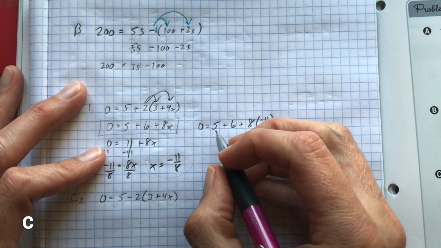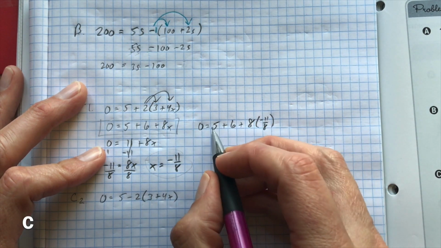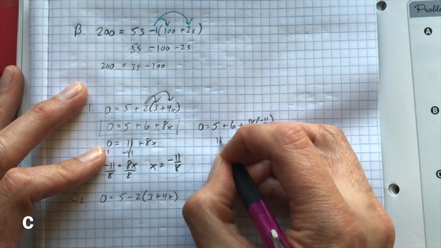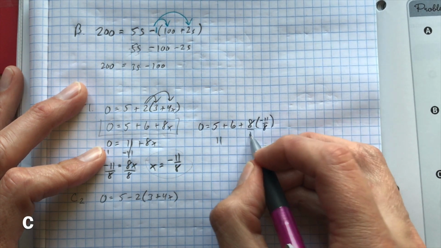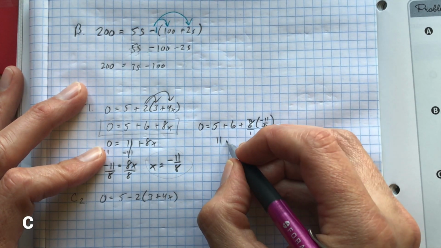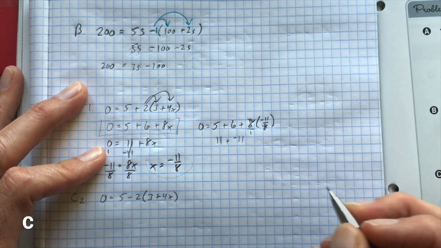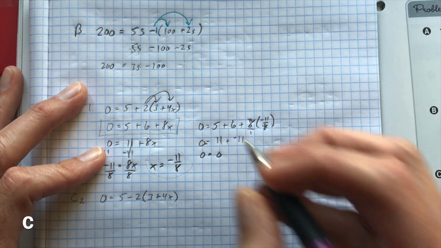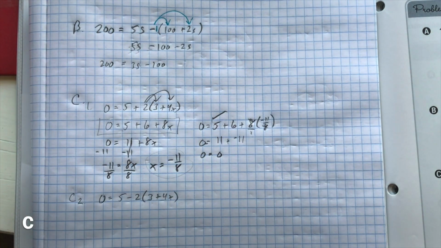I've got 5 plus 6 is gonna be equal to 11. And over here, you can see I'm gonna have a 1 underneath that 8 there. We're cross canceling, so I'm left with this plus the negative 11. You can see those are opposites. So we would get 0 equals 0, and that would check. That's our first one.